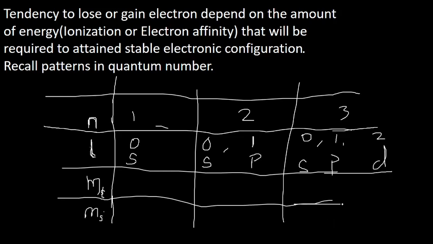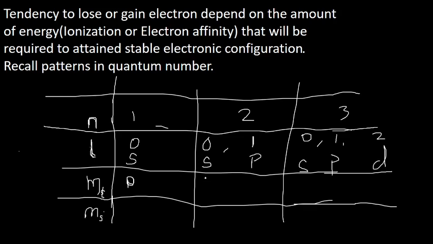So now, for each of these, you are going to write the spin. Here is 2 electrons. And the range of the magnetic is minus L to plus L. This one is 0 in value, because it's from minus L to L. So L is 0 here. It's also 0 here.